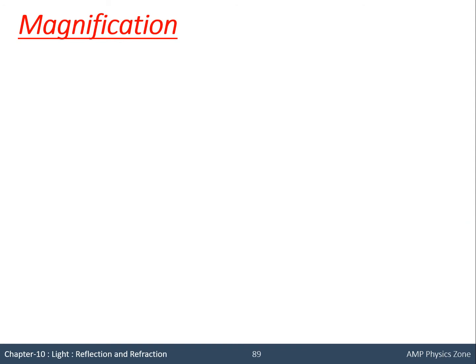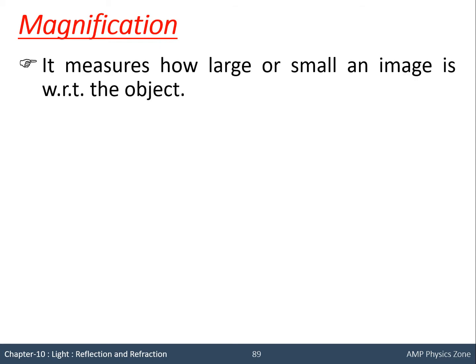Generally we think that magnification means how bigger is the thing, but in case of mirror and lens it is slightly different. It can be big or it can be small. It measures how large or small an image is with respect to the object.